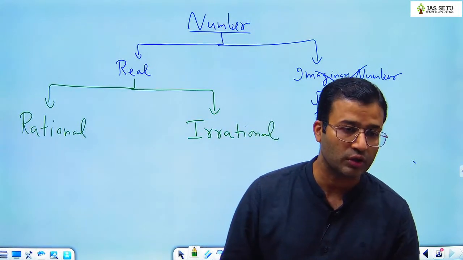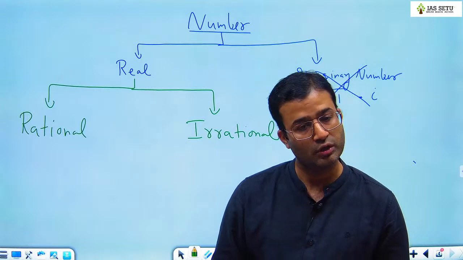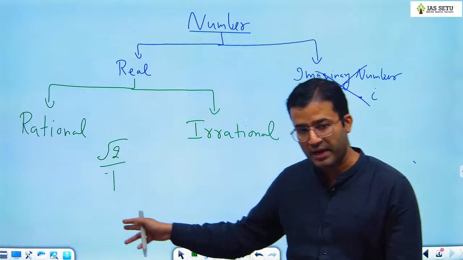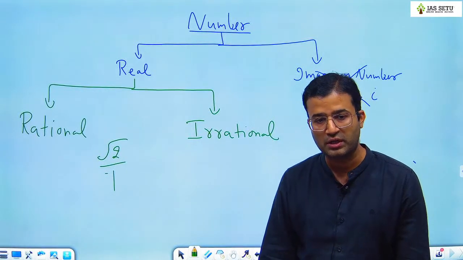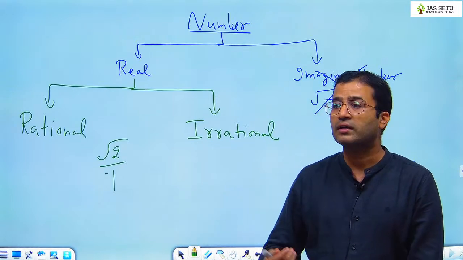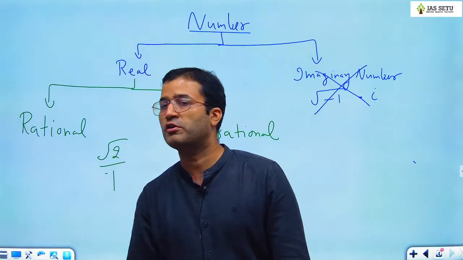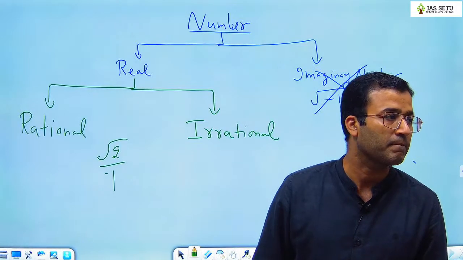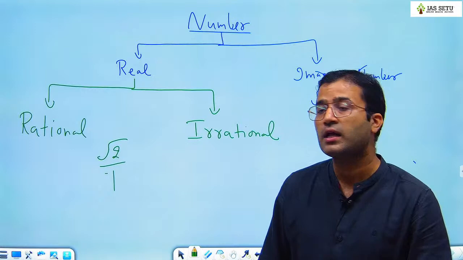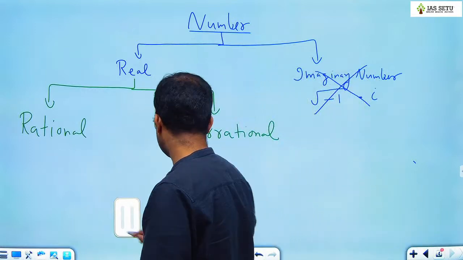P by Q. Under root 2 by 1. This is P by Q and Q is not equal to 0. Can we call this a rational number? No. Tell me the complete definition of a rational number. Integers. See, what is the definition of a rational number we have?